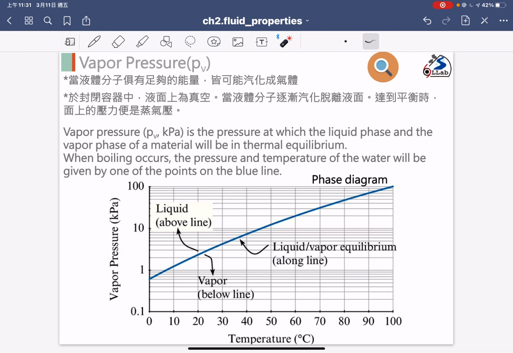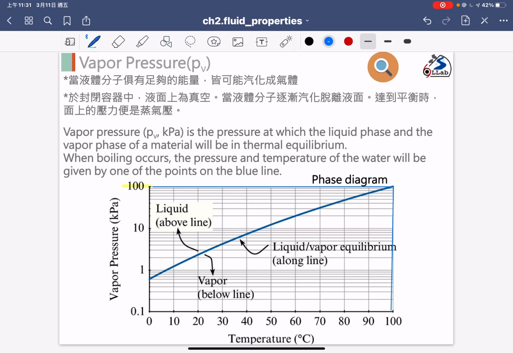Some important numbers you see: we have around 100 kilopascals, and if you go to the right hand side, you can find the temperature is around 100 degrees.